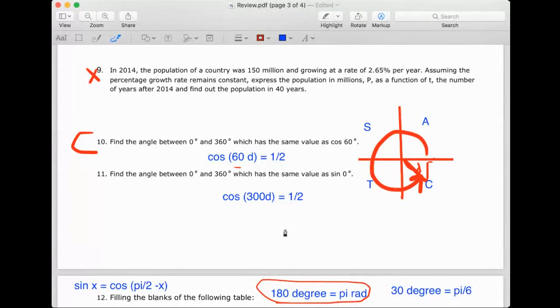But anyway, this is when we talk about reference angles. Let's go back a little bit. So in the first quadrant, we're talking about all 6 trig functions, right? Let's write here.